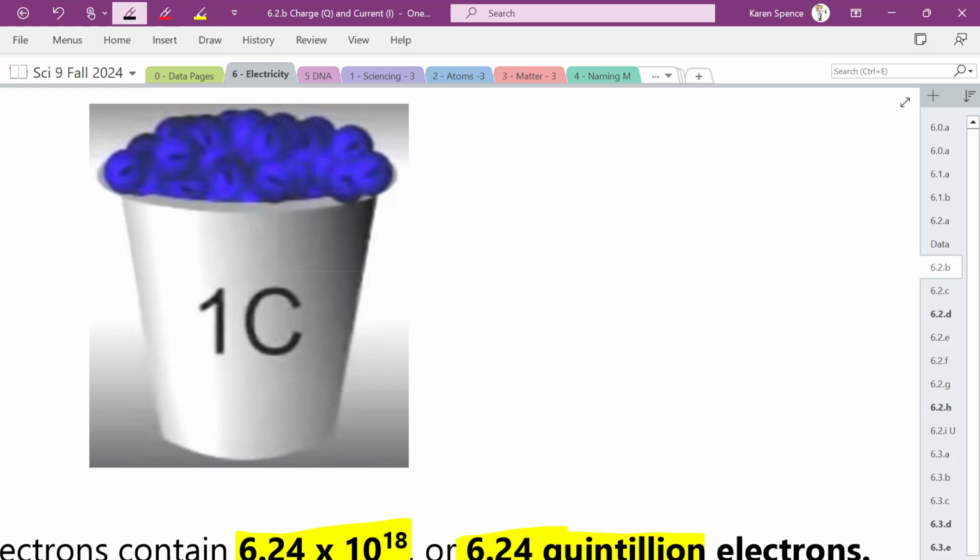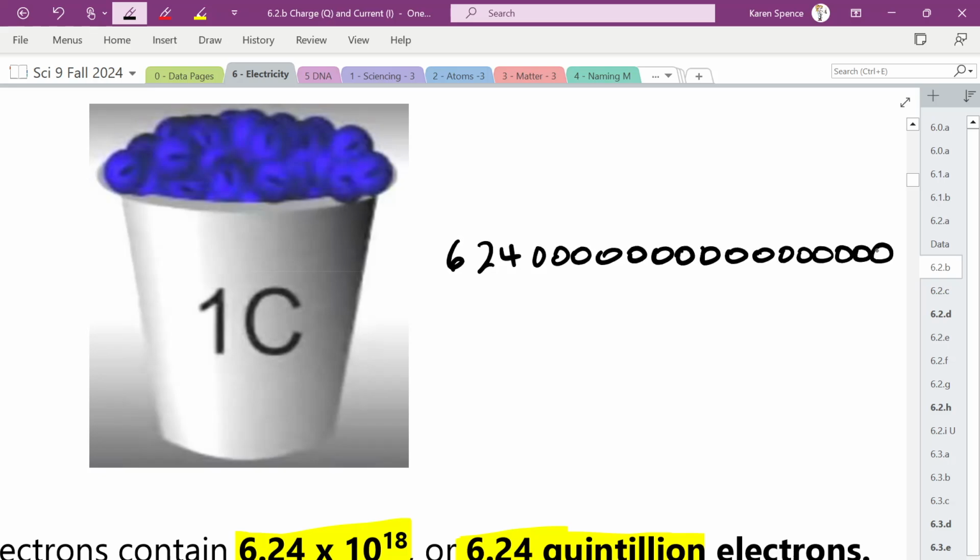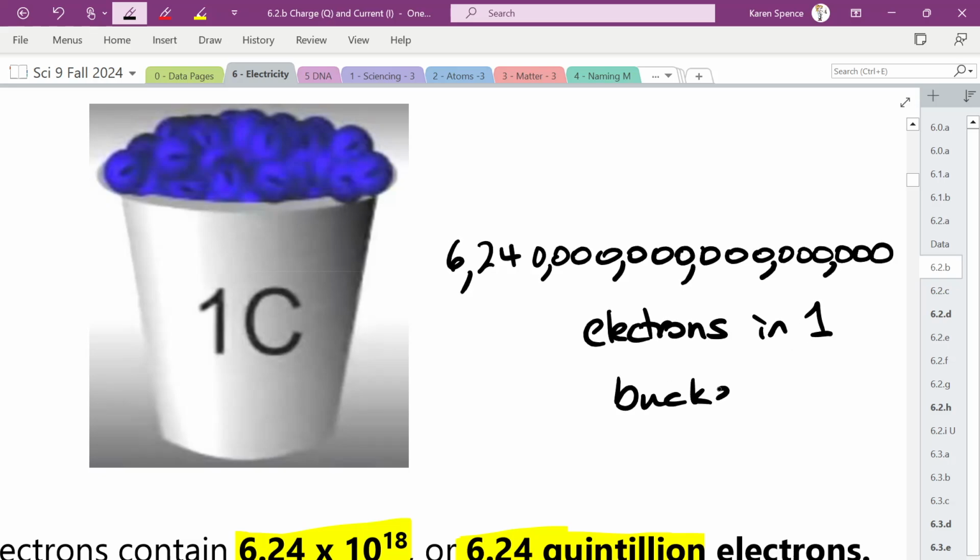And if you remember last day, that was a 6, and then 1, 2, 3, 4, 5, 6, 7, 8, 9, 10, 11, 12, 13, 14, 15, 16, 17, 18. That many electrons in one bucket.